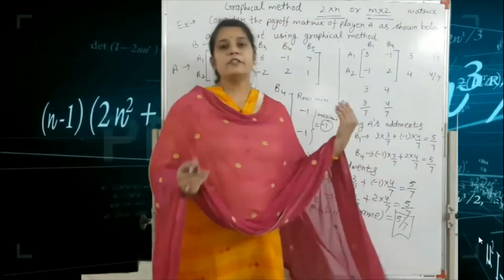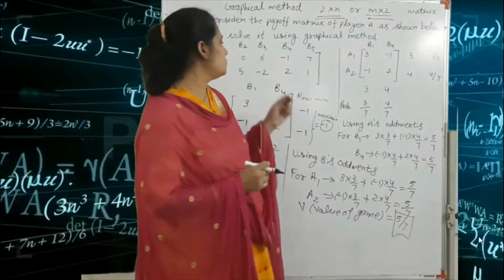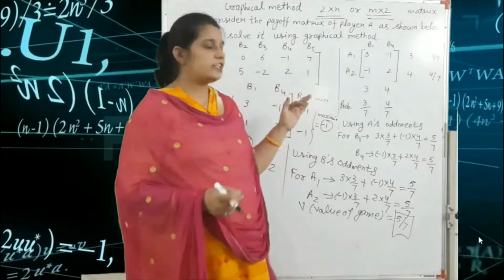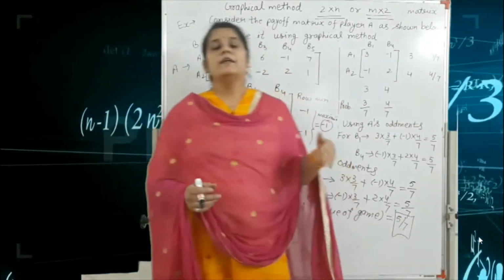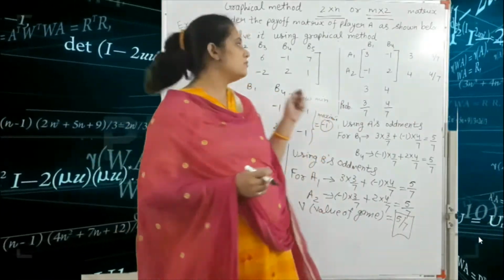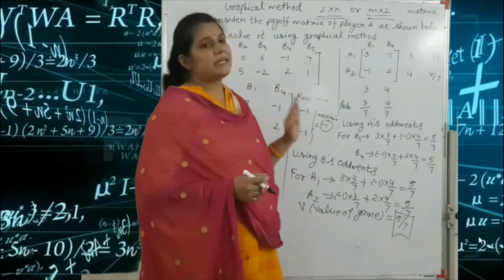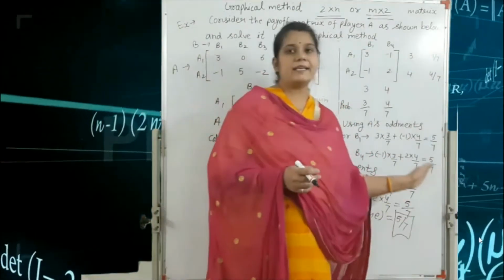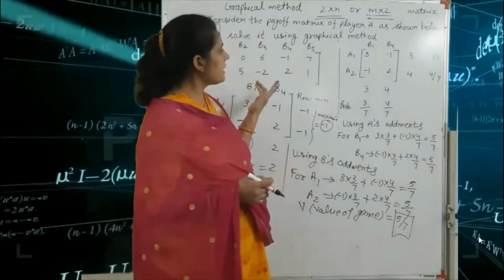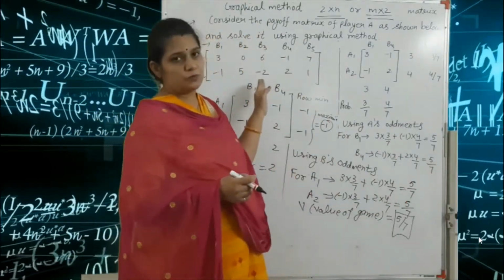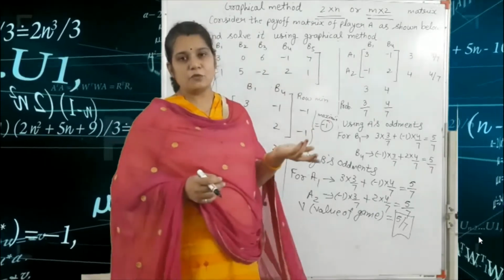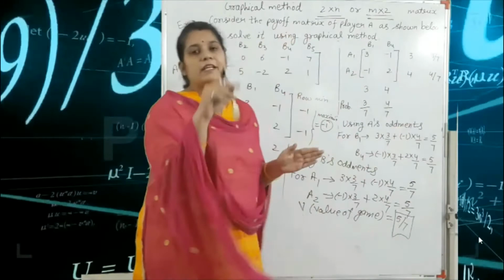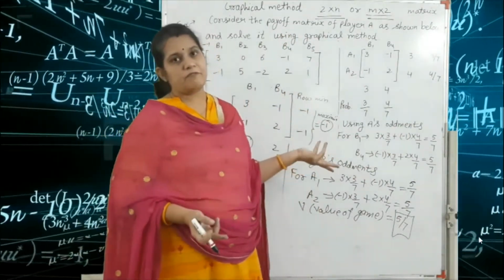So according to the graphical method, first you find the rows and column matrix. According to it you draw the graph, and the condition of the graph is what? You choose here the maximum value and the minimum value, and you write here two lines because of A1 and A2. In case your column is 2 and rows are more than 2, you write here B1, B2 and you match here the values of A1, A2, A3, A4, A5 as per your question.